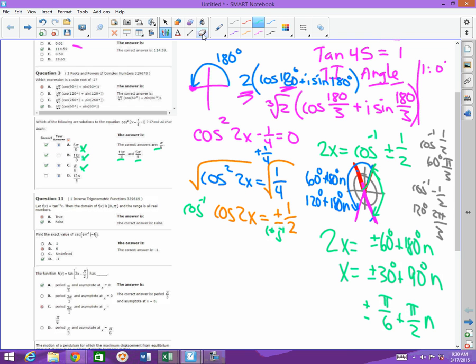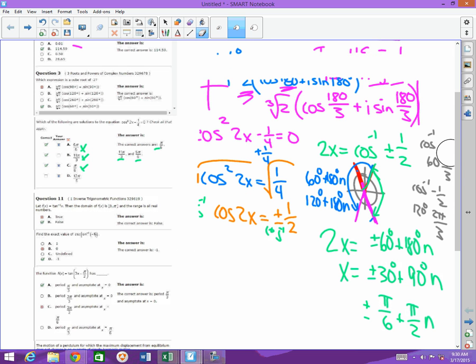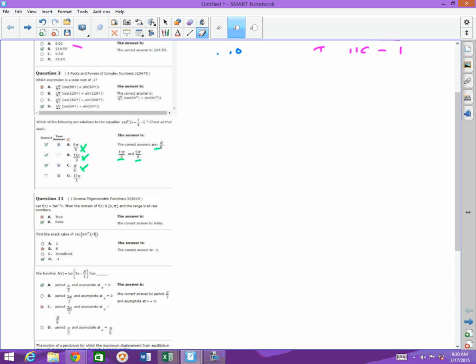All right, so then moving on to the next one, it says let f of x equal inverse tangent of x. And for inverse tangent of x, if you were to sketch the graph of it, it looks like this.